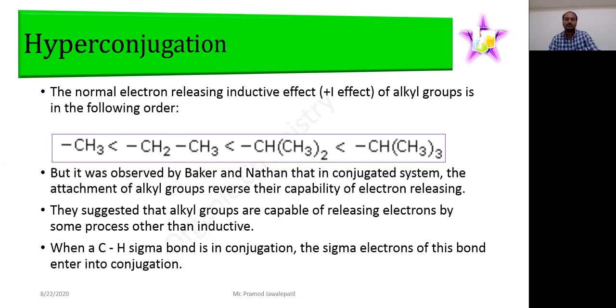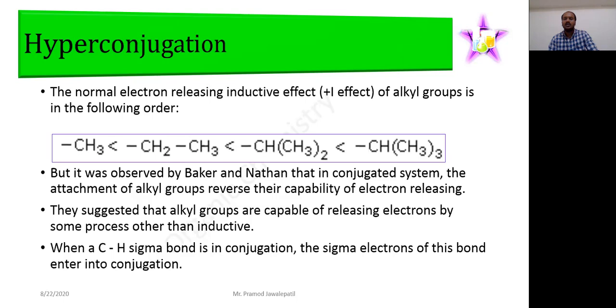Friends, in the inductive effect we have seen there is a partial distribution of charges, but in hyperconjugation the carbon-hydrogen sigma bond enters into the conjugation. In methyl chloride, what is the inductive effect?